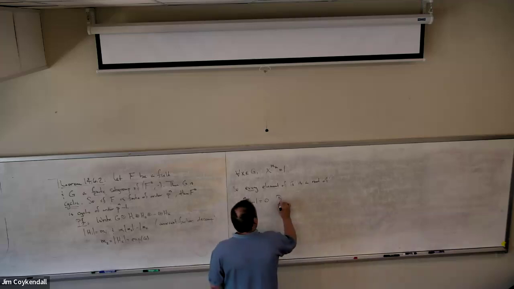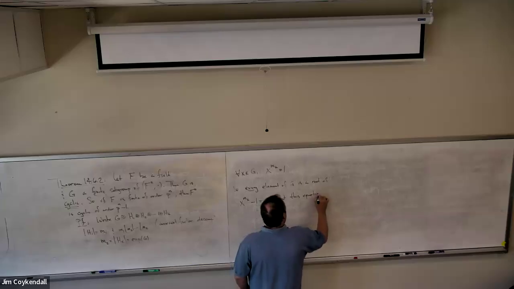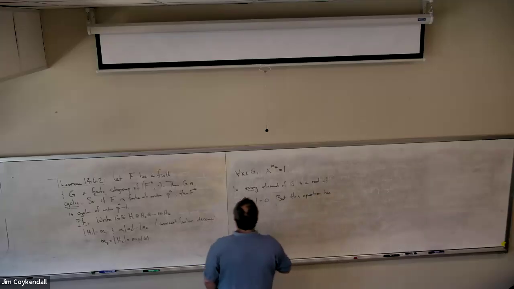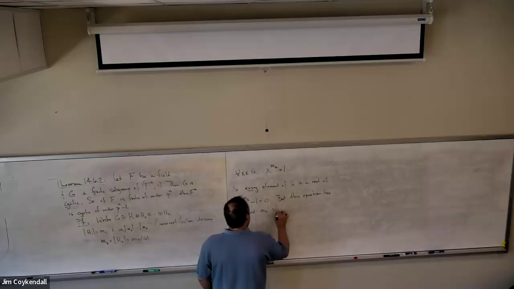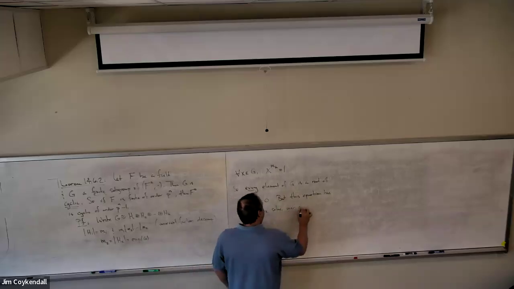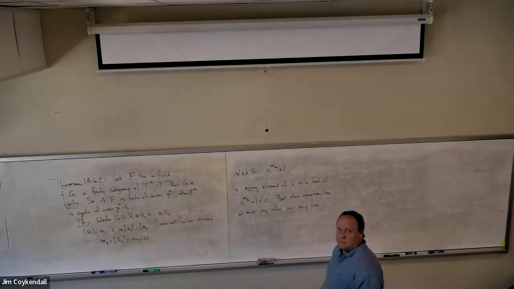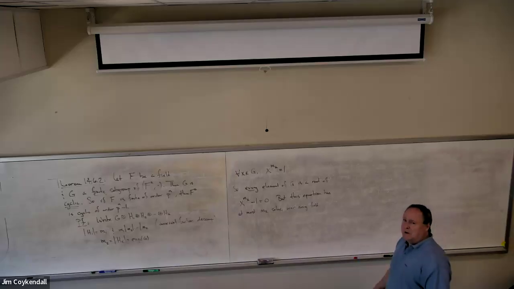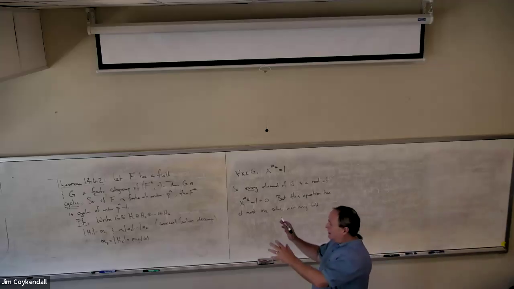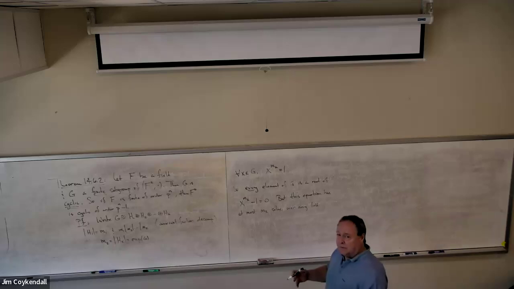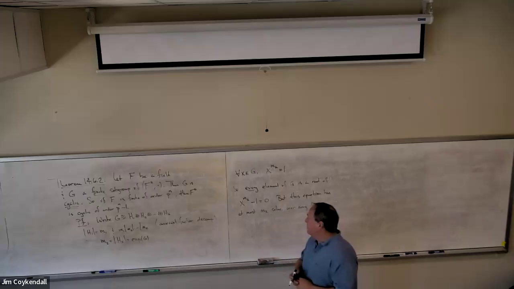But this equation has at most MK solutions over any field. Right? I mean, we know that a polynomial over a field, and remember, this G is a group, but it actually came as a subgroup of the multiplicative group of a field.